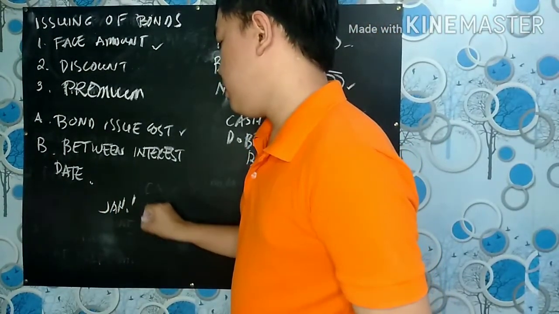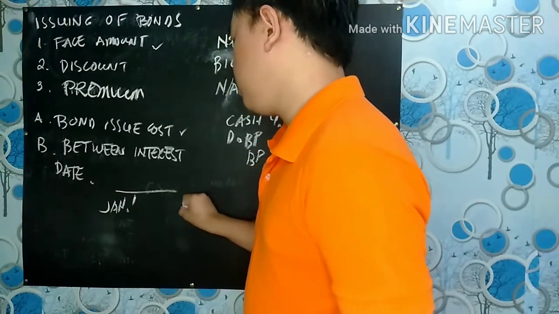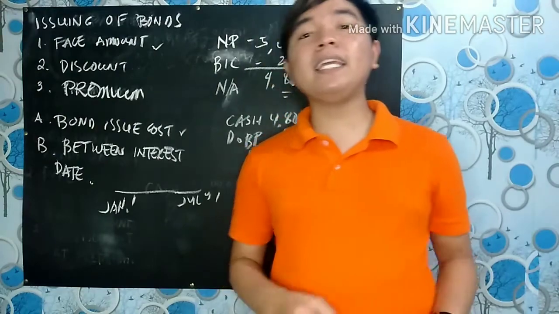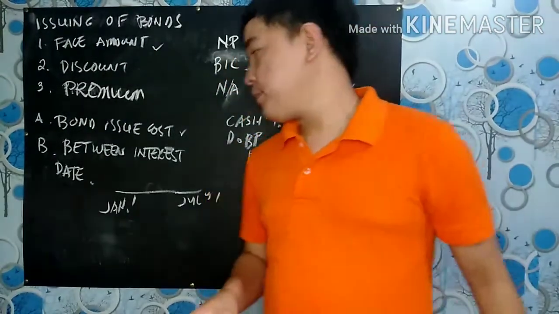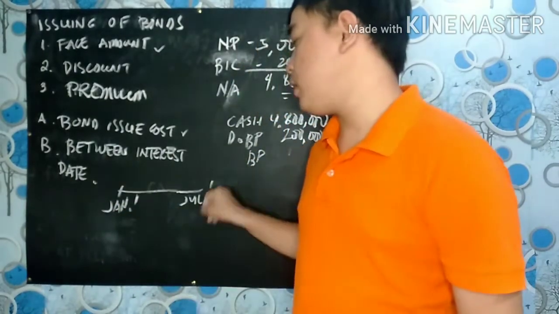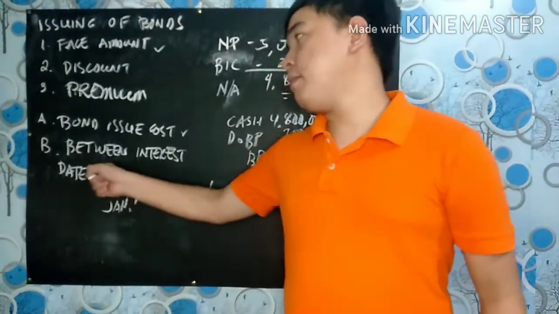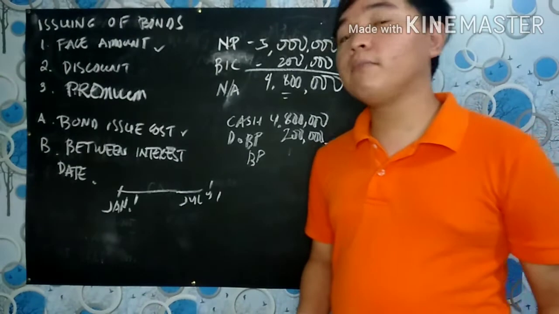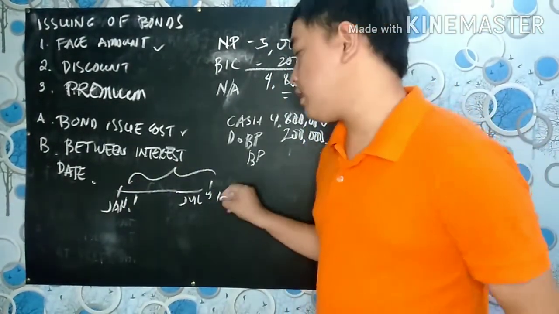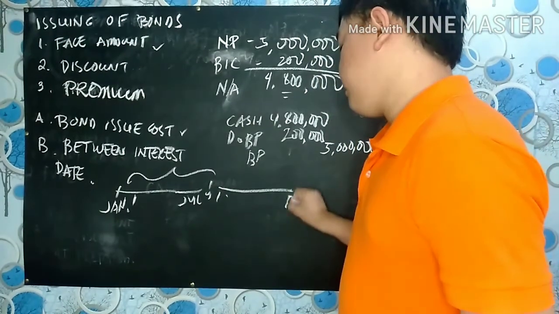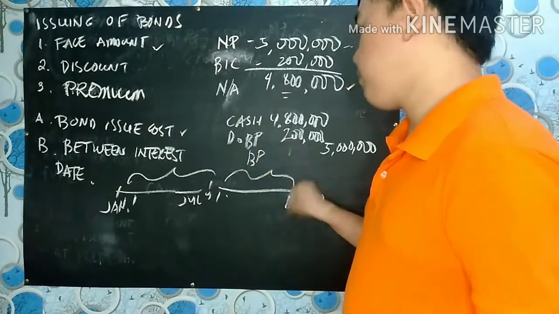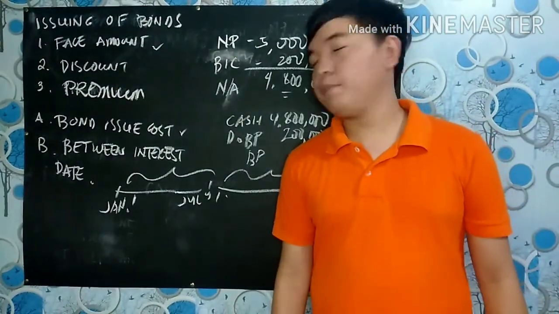Normally, nag-i-issue ang bonds, tinatapat siya sa interest date. Normally, January 1 or July 1. However, kapag merong between interest date, in-issue siya between this date. Okay po ba?